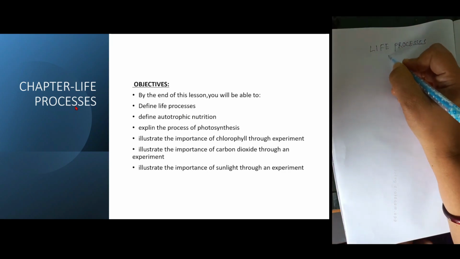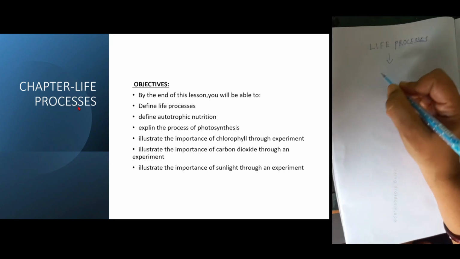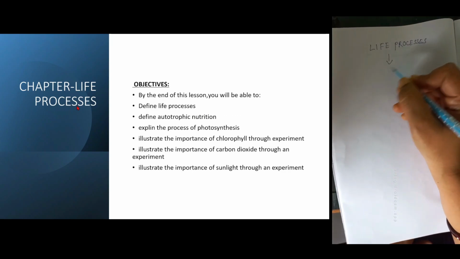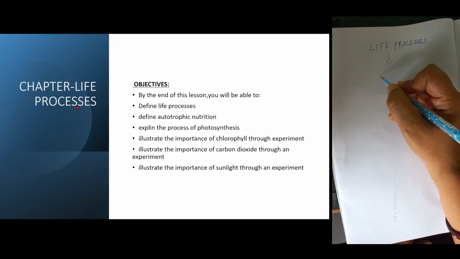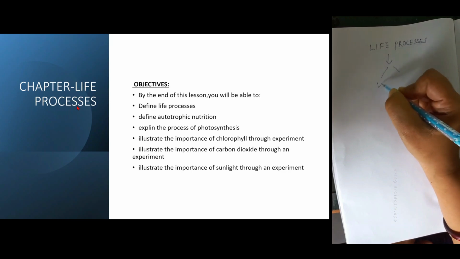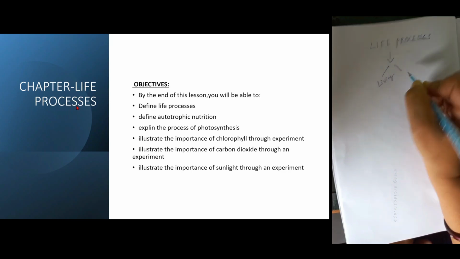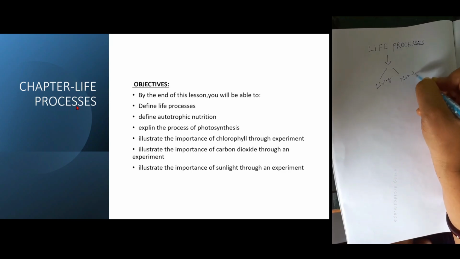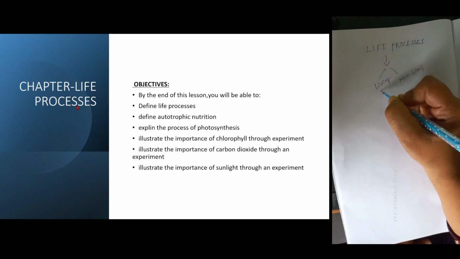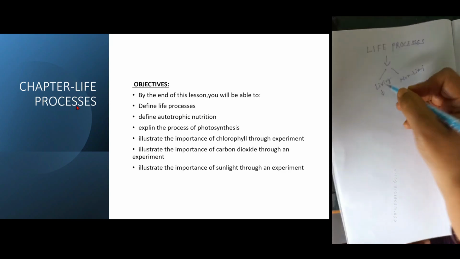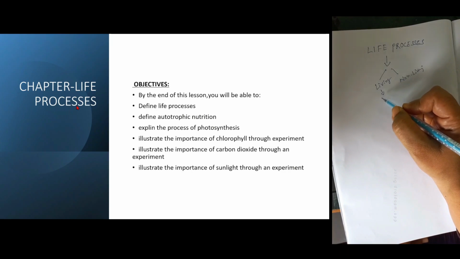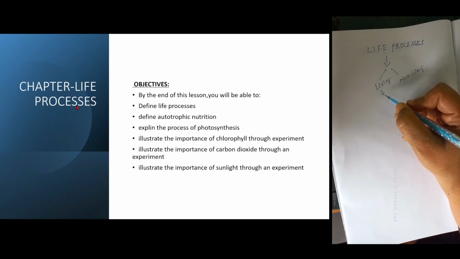On the earth, there are things which we classify into living and non-living. Living means which can grow, which can do their work and do their metabolic activities.